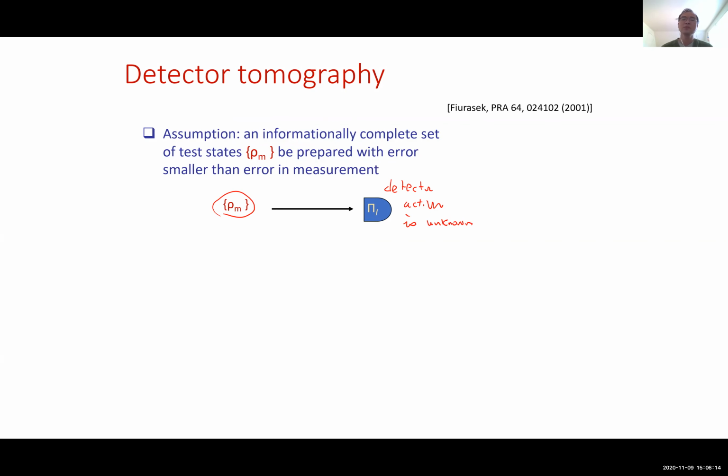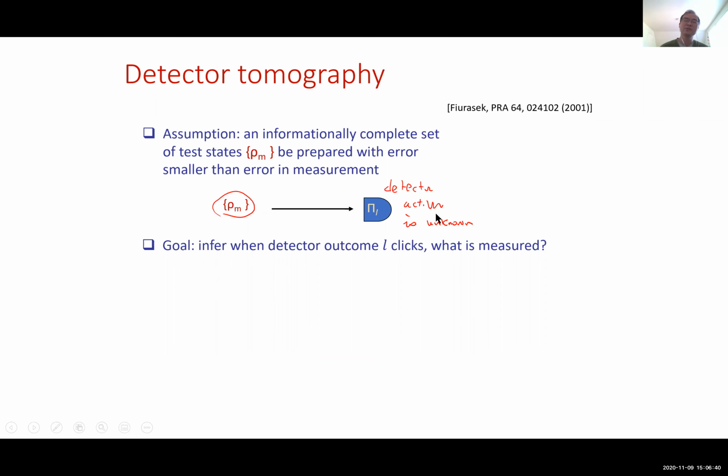Yeah, this was a notion introduced quite early. So the question is, by sending different states for the detector to detect, and by registering different clicks, can I infer what actually the detector is doing?